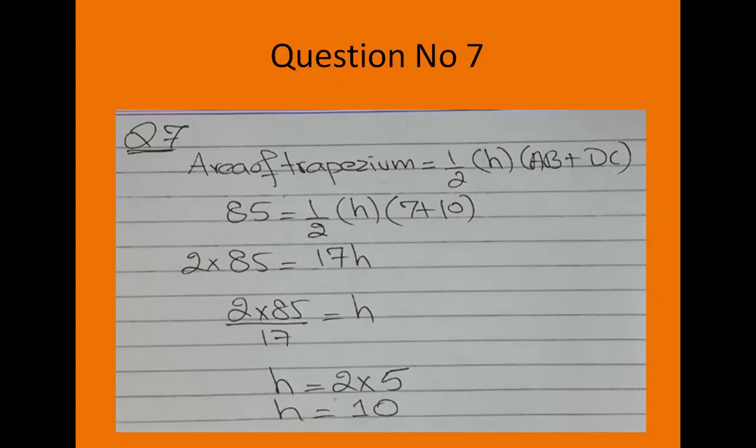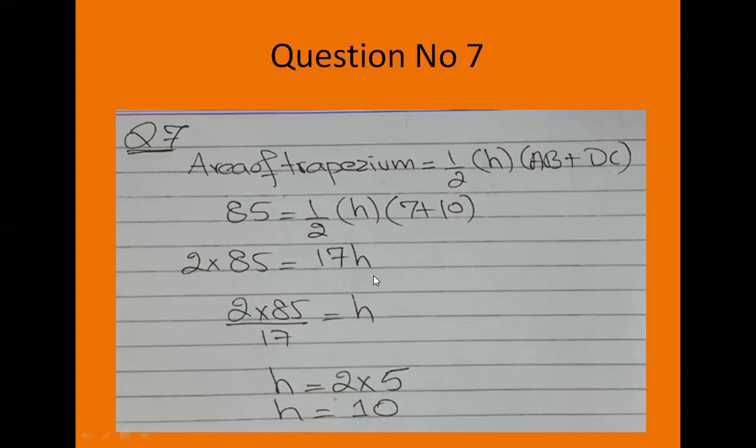And this AB and the DC, they are the parallel sides of the trapezium. AB is 7 and the DC is 10, so 7 plus 10. So you will have 85, and I took this 2 to the other side, so it will multiply on that side. So you will have 2 into 85 equals 17h. So this 17 is multiplying with the h.